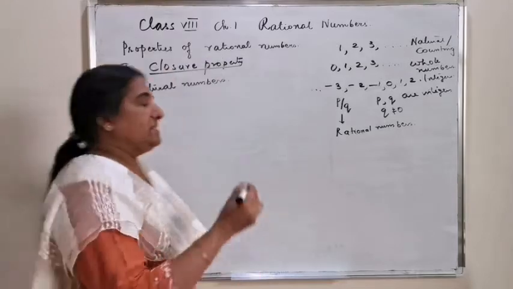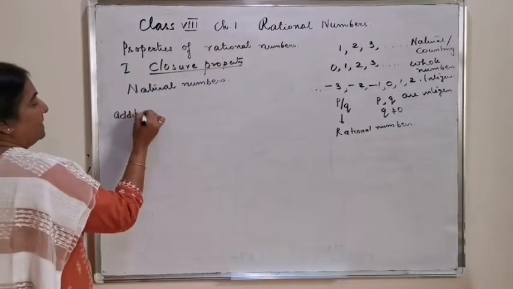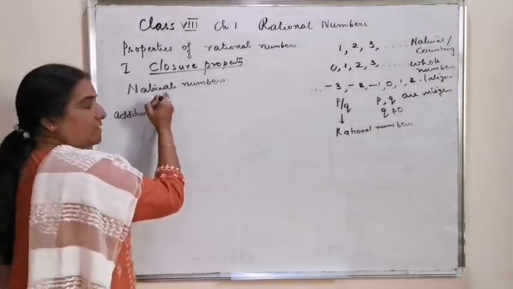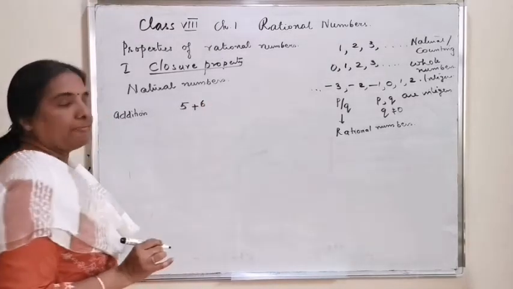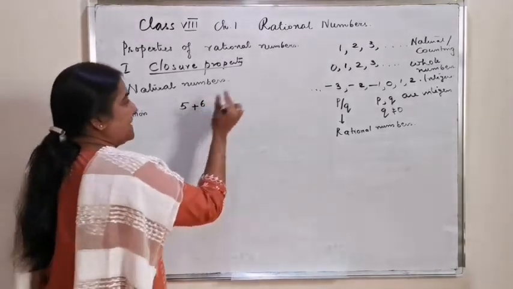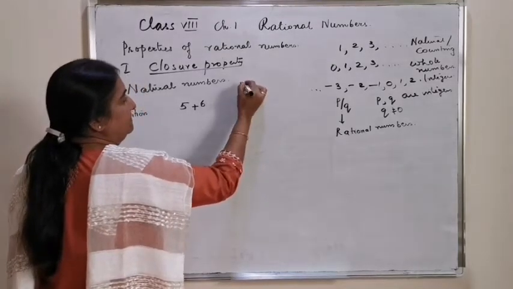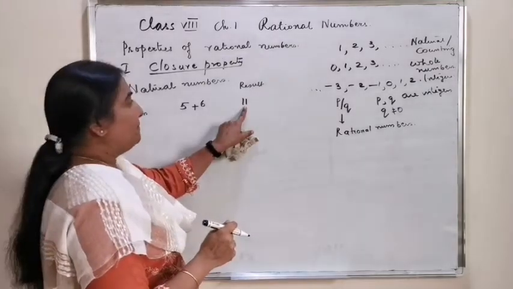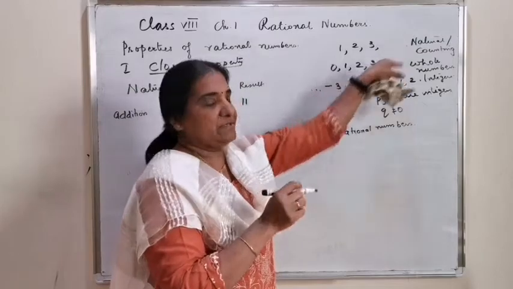The meaning is, under addition, let us take two natural numbers, 5 and 6. 5 plus 6, the answer is 11, and 11 also belongs to the set of natural numbers.